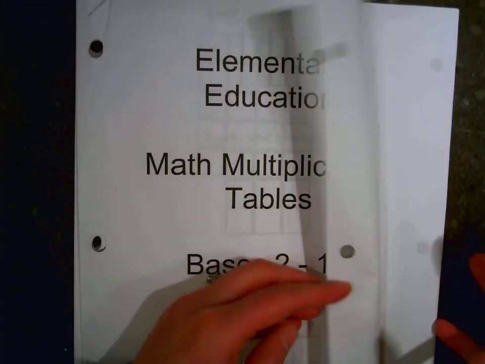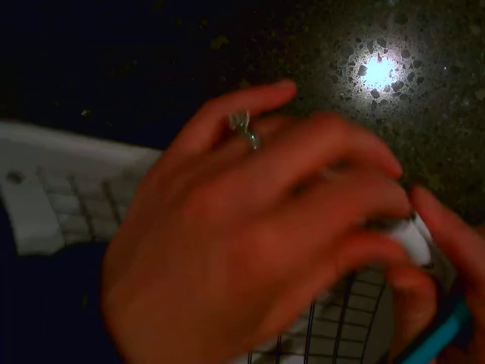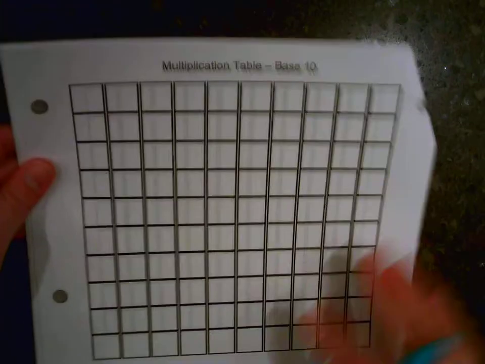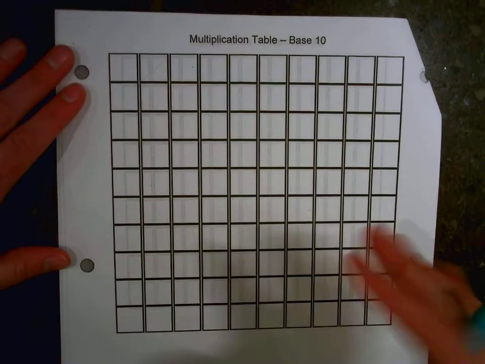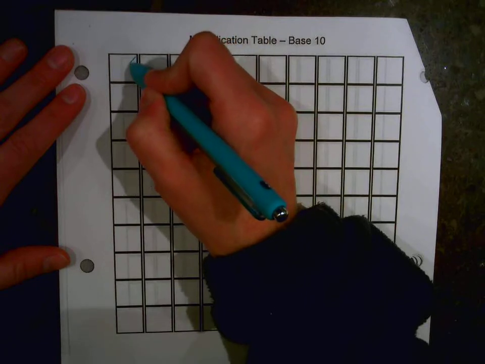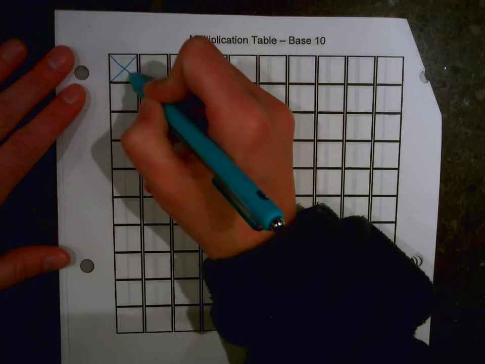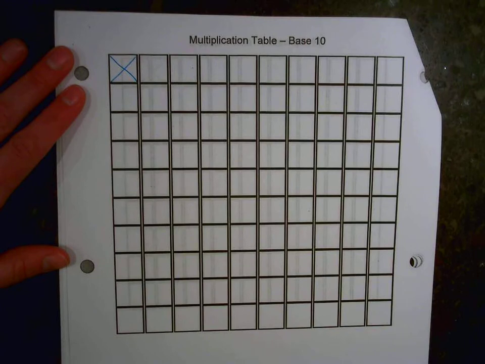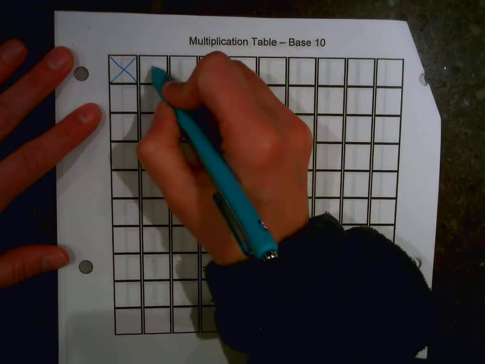But let's start with the one we're used to, and that would be base 10. So we're going to fill all these in. It gets pretty lengthy when we get to base 12. So the first one I usually just put an X on because we're not going to include 0, because all kids know anything times 0 is 0. So we'll cross that off and just start with 1.